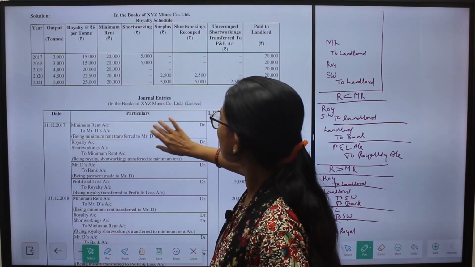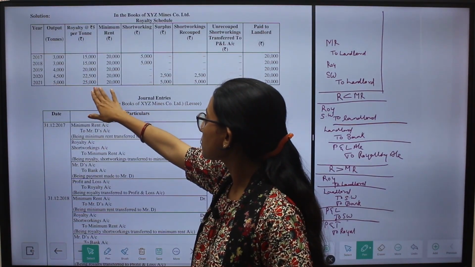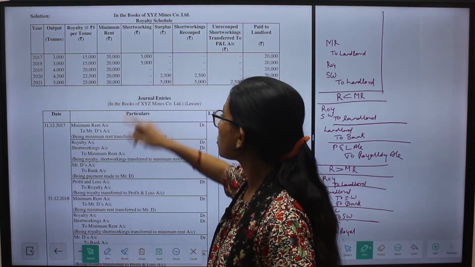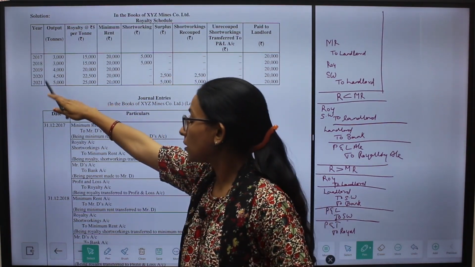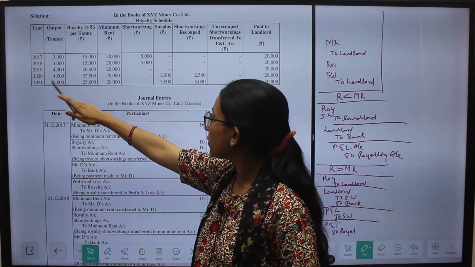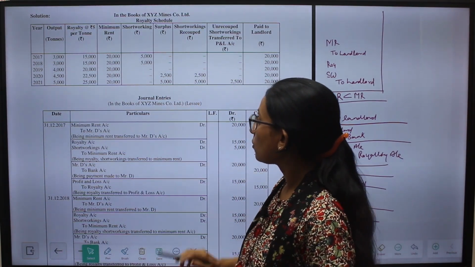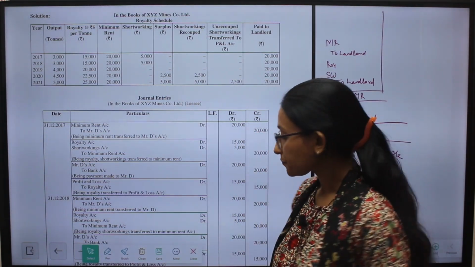Now in 2020 and 2021, if you can see, in both cases there is a surplus. So we'll first pass the entry in the year 2020. In year 2020, there is a surplus of rupees 2,500. The first entry will be the due entry.